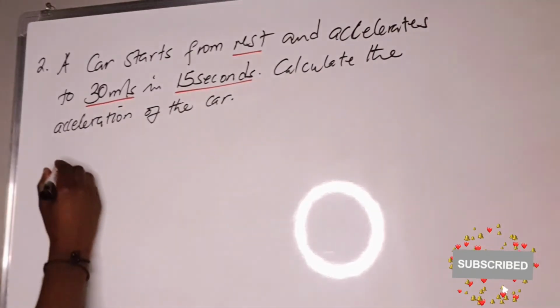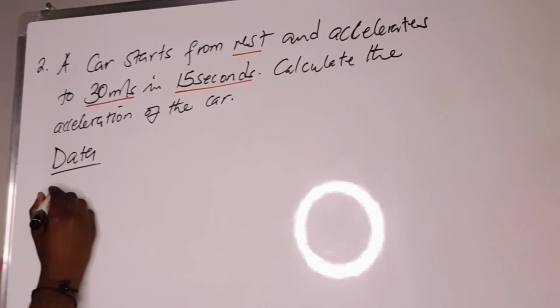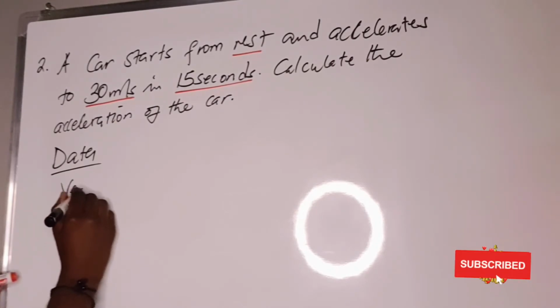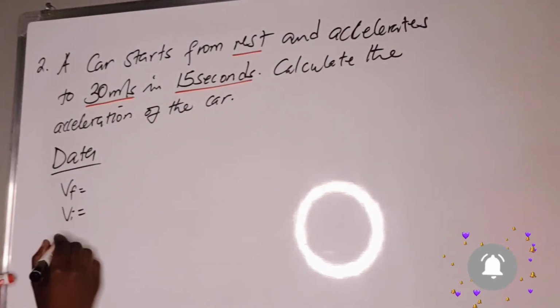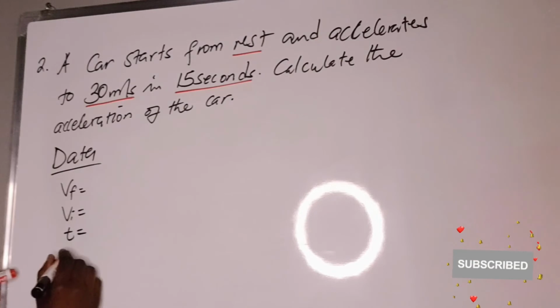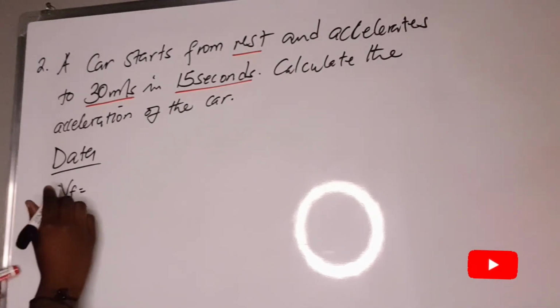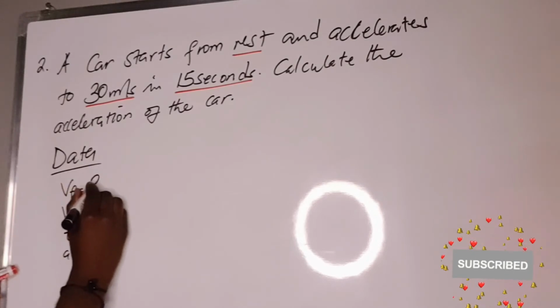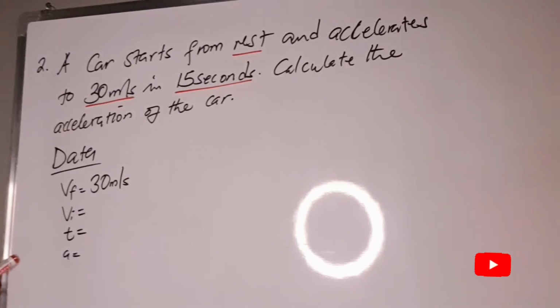So we write our data. So we have the final velocity, the initial velocity, then we also the time taken and the acceleration that we are calculating. So our final velocity is 30 meters per second.